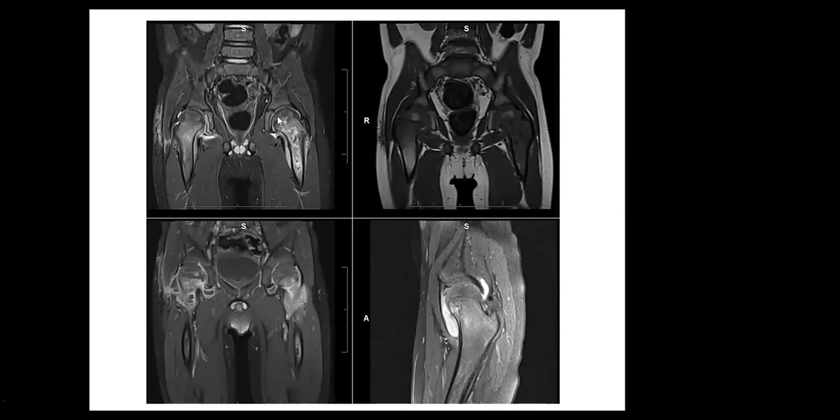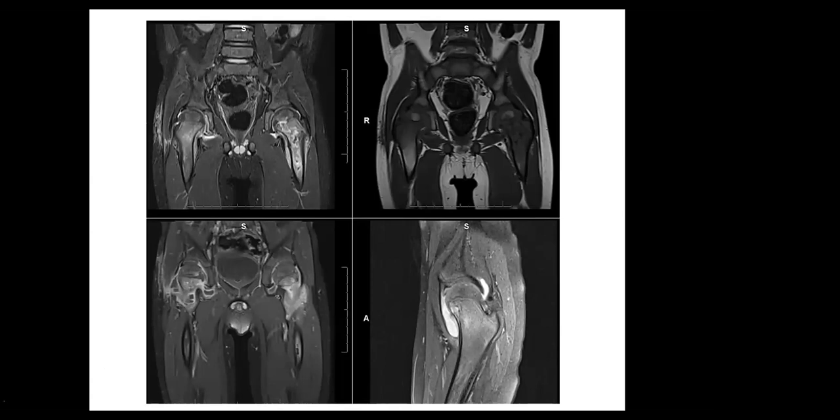I think most of your description emphasized the changes in the left hip and the left femur. I don't think you commented on the right hip. So what do you think is going on in the right hip? The same infectious process started to affect the right femoral metaphysis also.